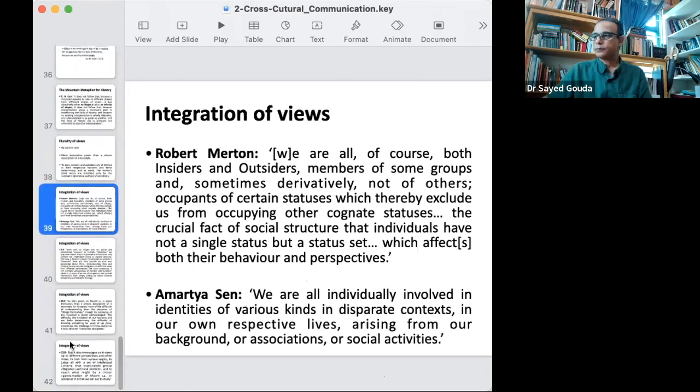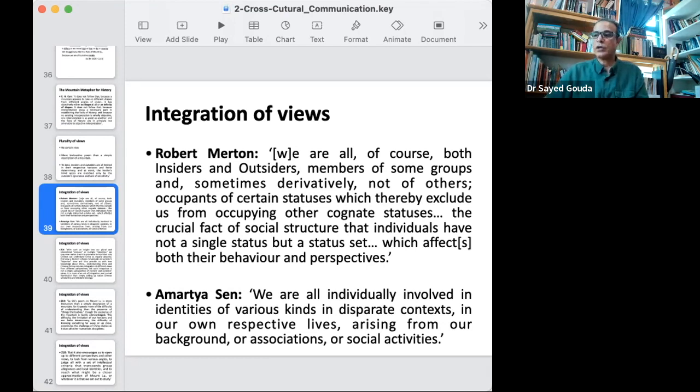We need both ways in order to have a better understanding. Robert Burton says we are all, of course, both insiders and outsiders, members of some groups. This quote is about how we all belong to some social groups. We all have more than one identity.